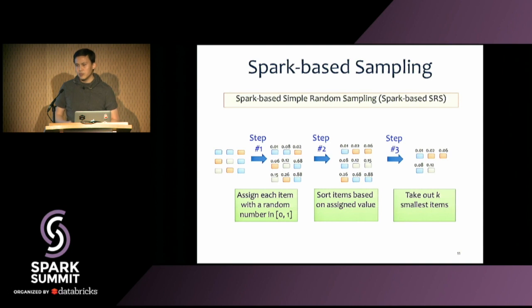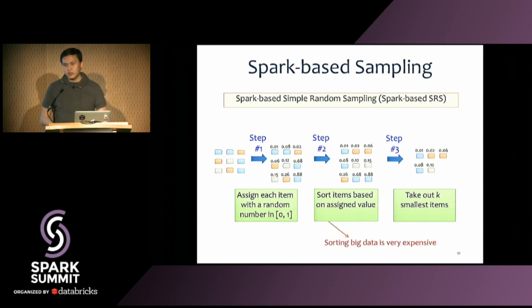And in the final step, to take a sample of k data items, it will take out the smallest k data items after the sorting. And it turns out that the sorting is very expensive, because sorting requires shuffling data around the cluster. Even though Spark proposes some mechanisms like a threshold to reduce the overhead of this step, it is still a bottleneck in stream processing.